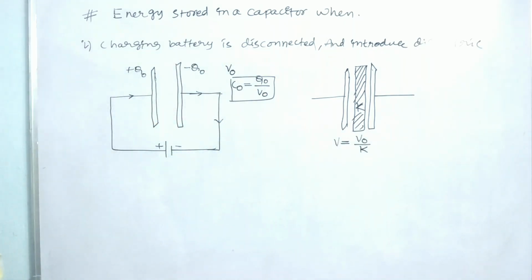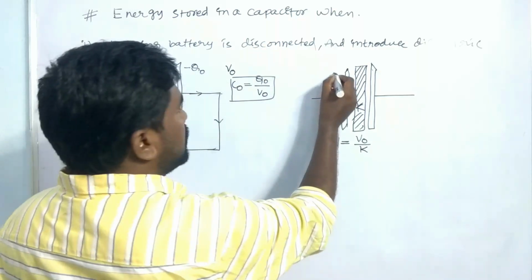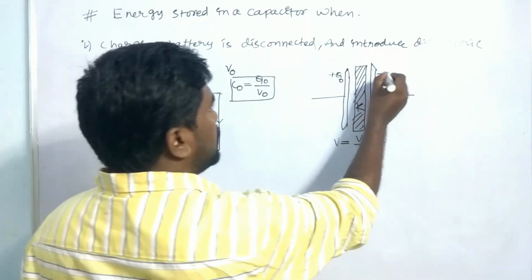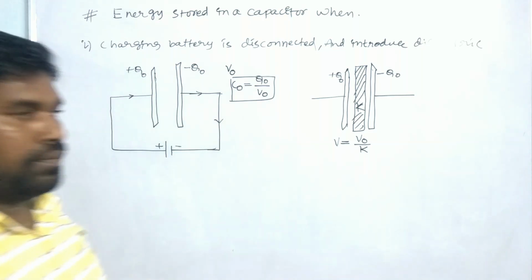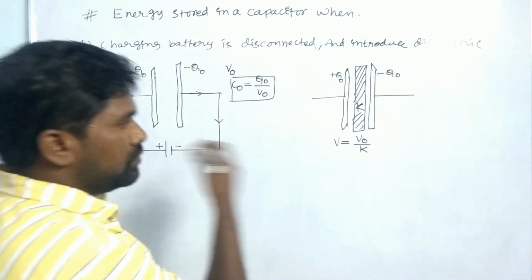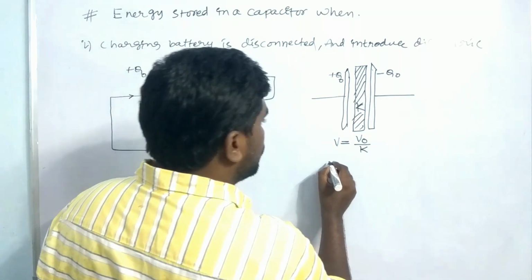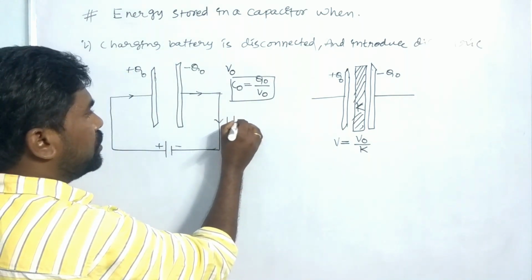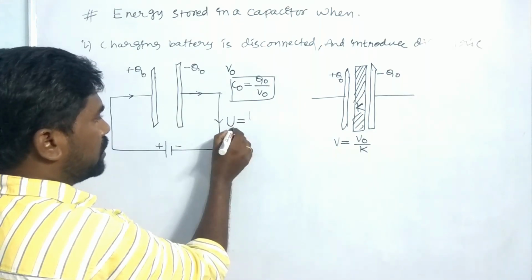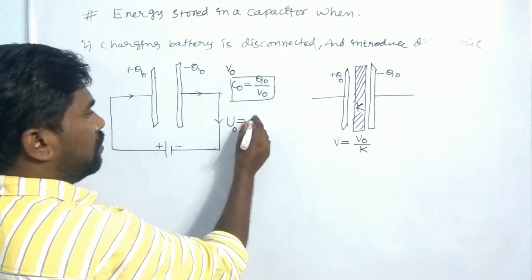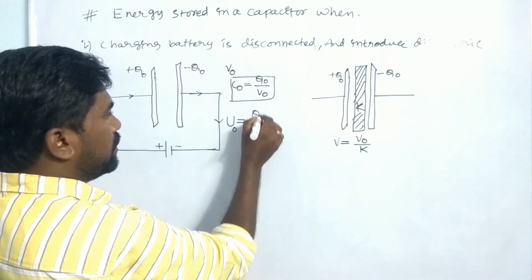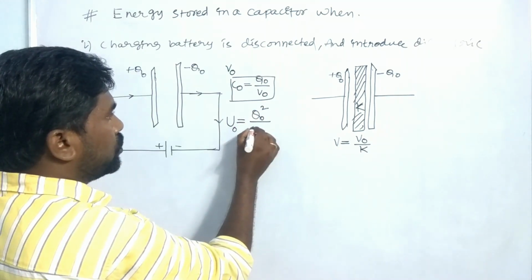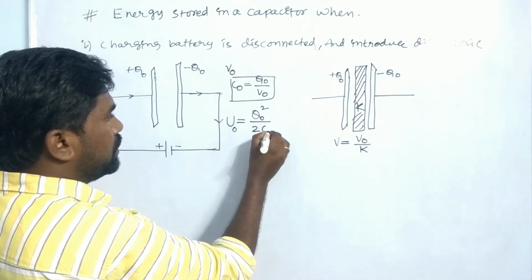V is equal to V0 by K. Here, the charge on the capacitor plates is plus Q0 and minus Q0. Now we write the energy stored in the capacitor. At first, the energy stored U0 is equal to Q0 square by 2C0.